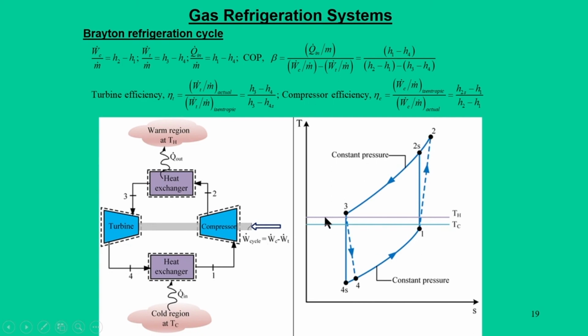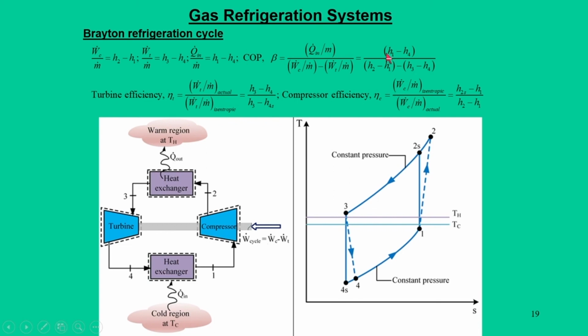Moreover, another point I need to emphasize: since it is air, we can use simple equations, like enthalpy can be written as Cp times T for air. That means, instead of enthalpy, it is also possible to evaluate the properties by knowing the temperatures.